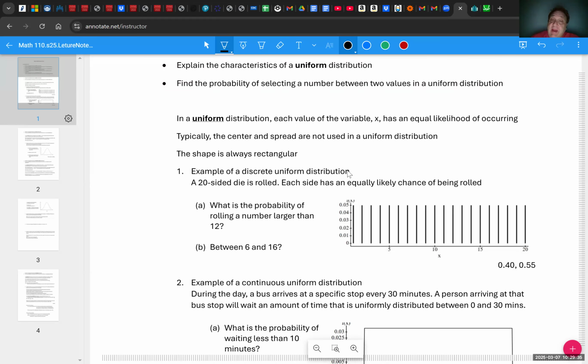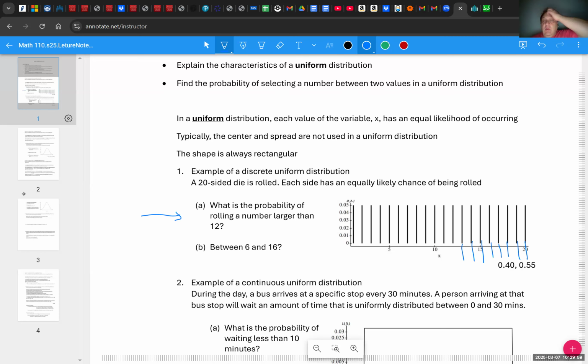We can ask questions about this type of distribution. For example, I have A here. What is the probability of rolling a number larger than 12? Larger than 12 would be 13, 14, 15, 16, etc., all the way up to 20. So 13, 14, 15, 16, 17, 18, 19, 20.